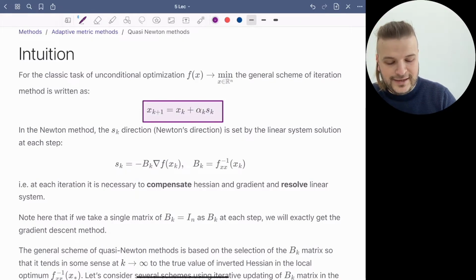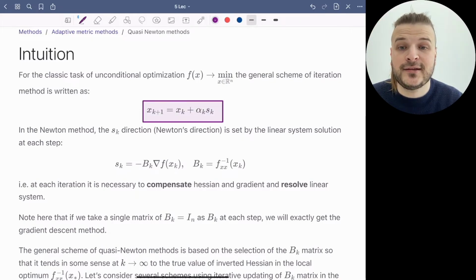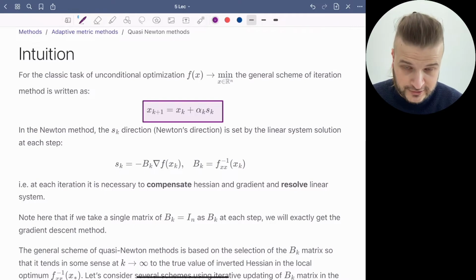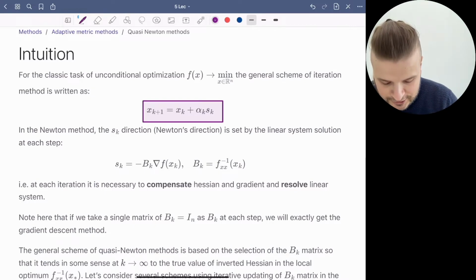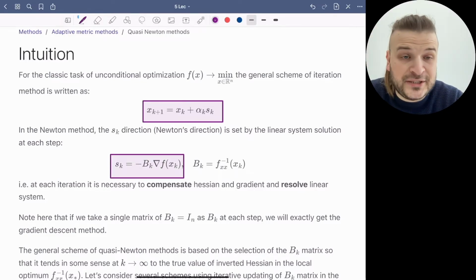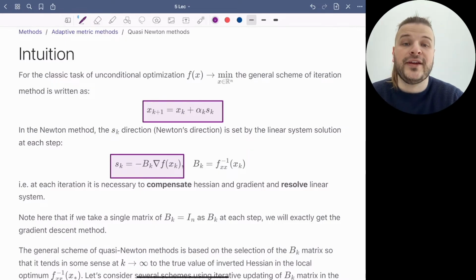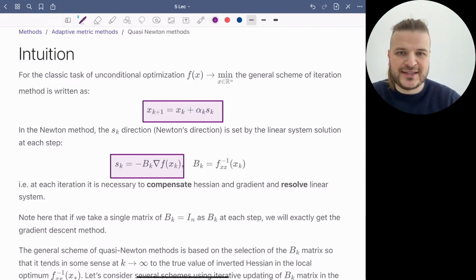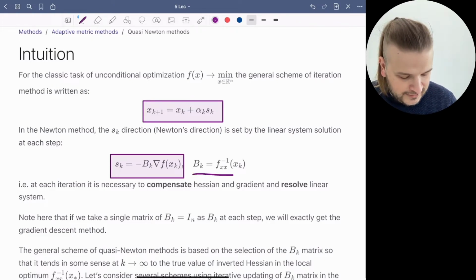We have a step alpha_k and s_k as a direction, and the direction s_k will typically be computed as follows, where the matrix B_k stands for the inverse Hessian, which means that if you use the exact expression here, that's just the Newton method.